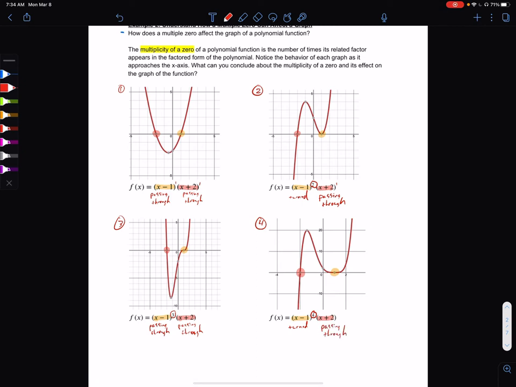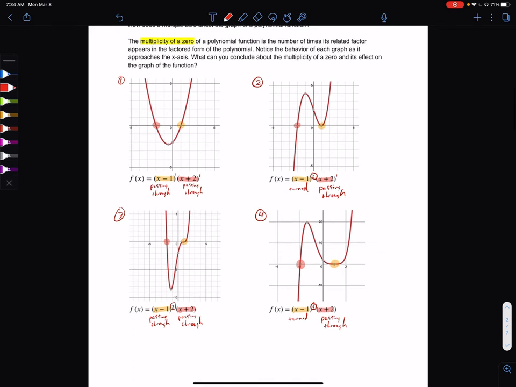All right, so what can we gather from this? Well, hopefully what you may have noticed is that here and here in graphs 1 and 3, where I've highlighted this in pink, our exponent, or multiplicity, is an odd number, and that meant that it passed through the graph.